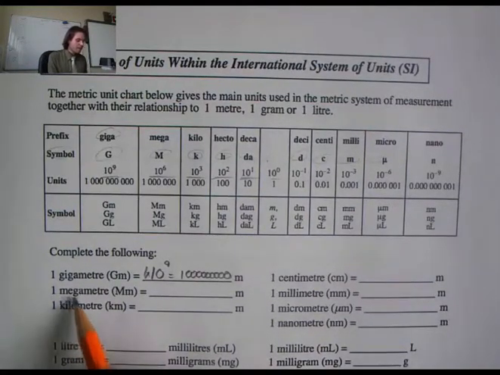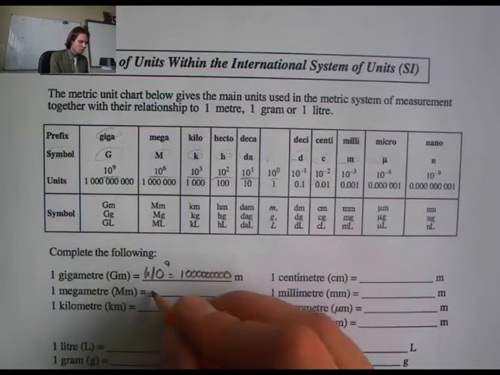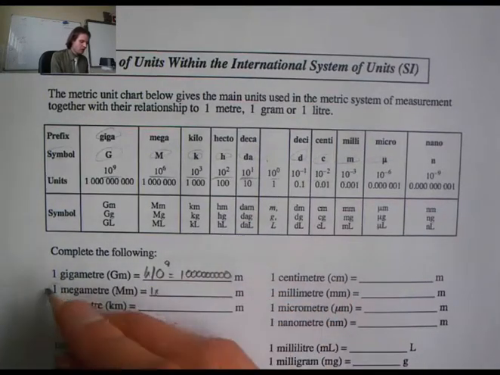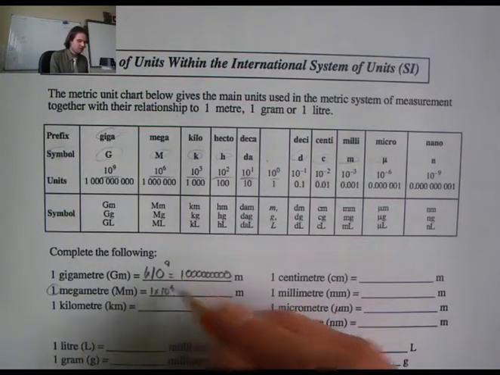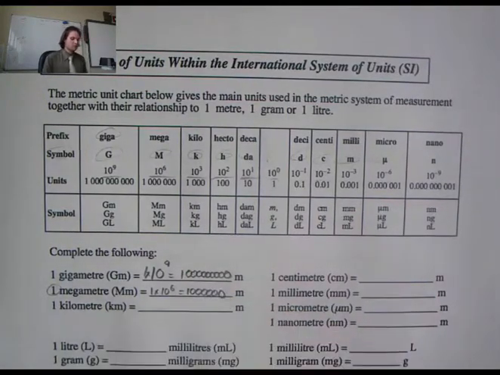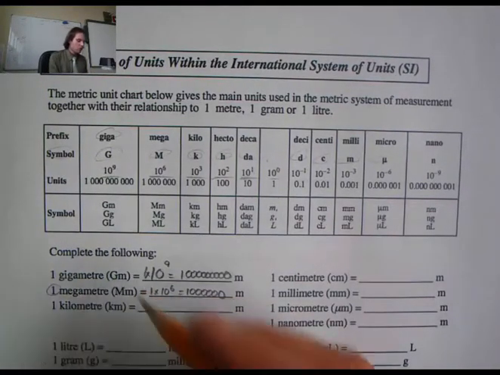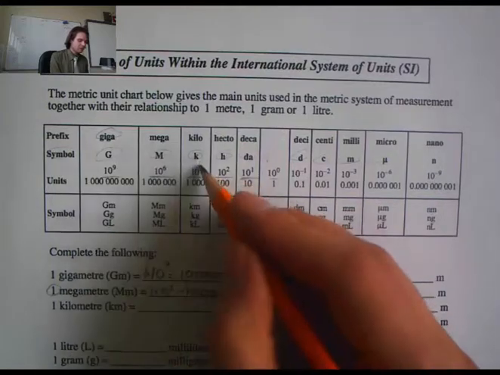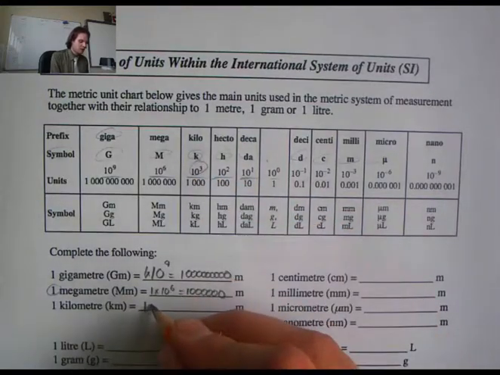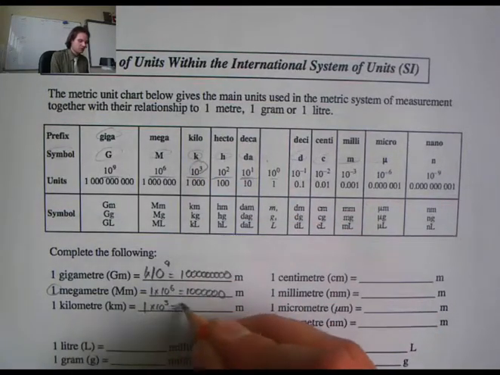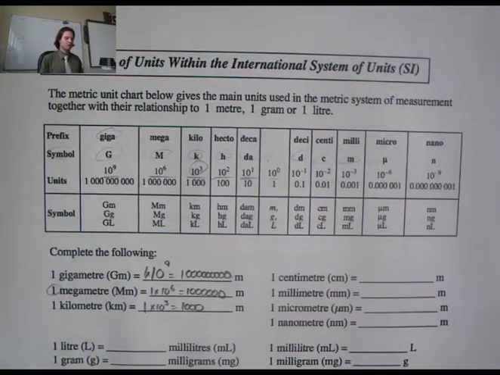The next one, 1 megameter, is 1 multiplied by 10 to the power of 6. The next one is 1 kilometer. Well, we know that is 1,000, 10 to the power of 3. So that's 1 times 10 to the power of 3, which is the same as 3 zeros. That's how many meters.